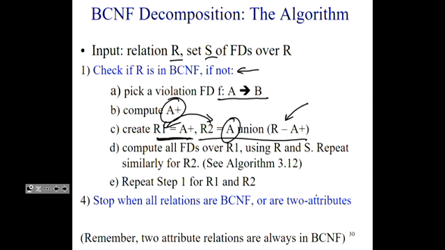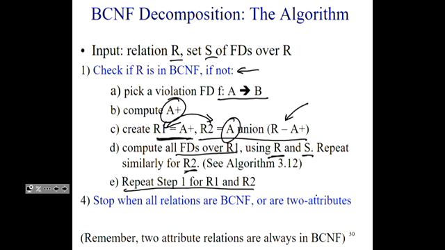After that, you compute all of the functional dependencies that are valid over R1 using the original relation and the set of functional dependencies. And similarly, you find all the functional dependencies that hold over R2. And then you repeat recursively for each of those two relations. Then you stop when all of the relations are guaranteed to be in BCNF or are two attribute relations.